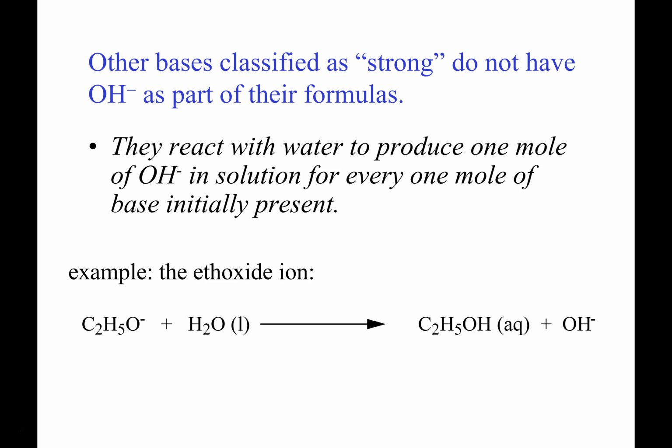So we have a carbon chain with 2 carbons that looks like this. Actually, ethoxide is ethanol without a hydrogen. So we have ethanol over there. Here's ethoxide. What does it do? Well, it can tend to accept a proton from a neutral water molecule, minding its own business. And in doing so, it creates that hydroxide ion. So ethoxide is another example of a strong base.